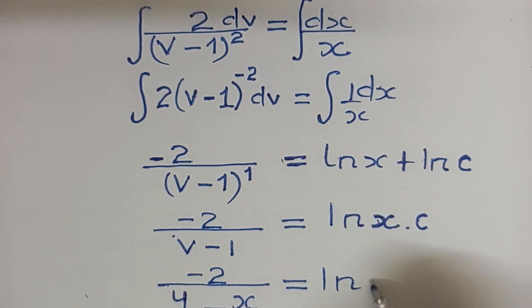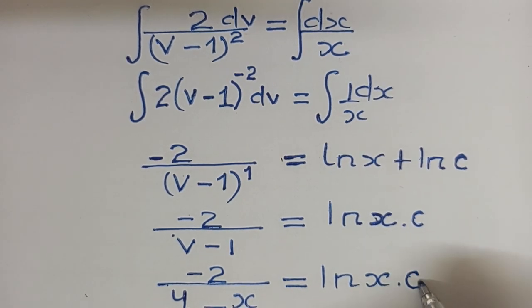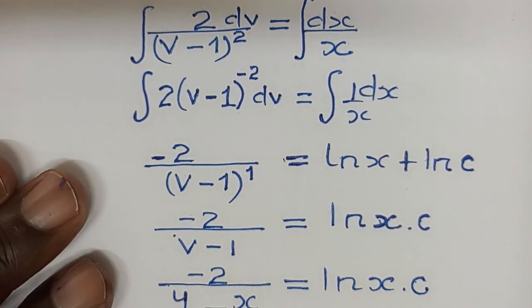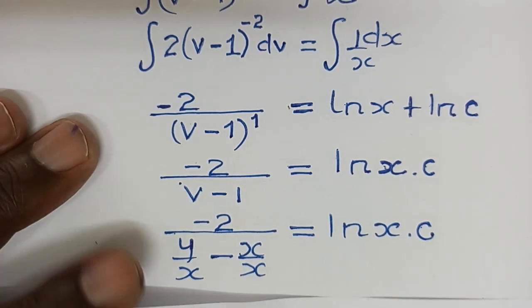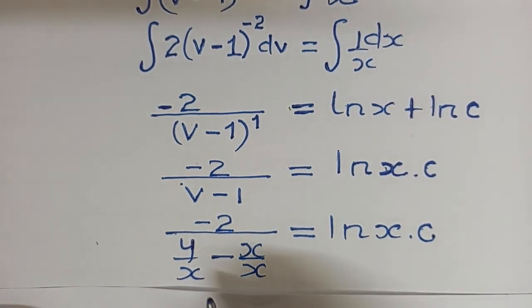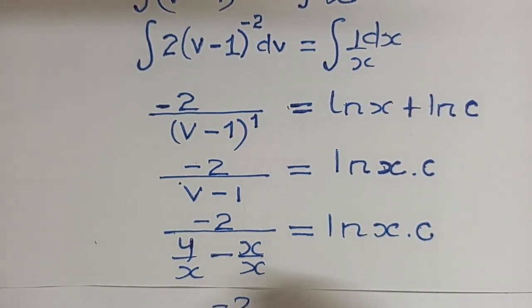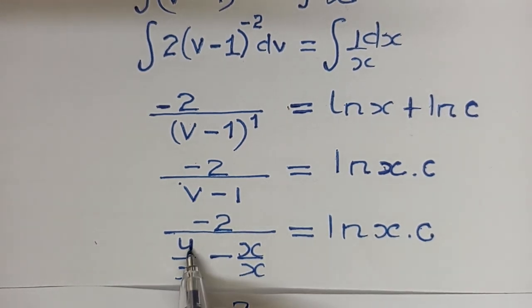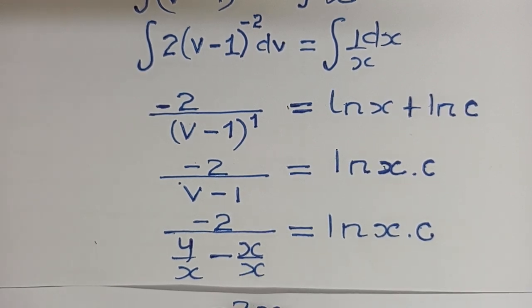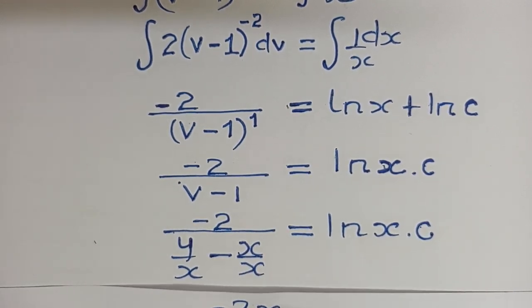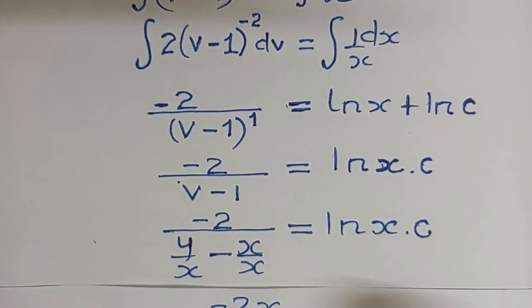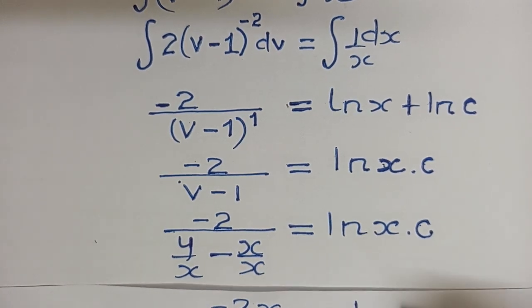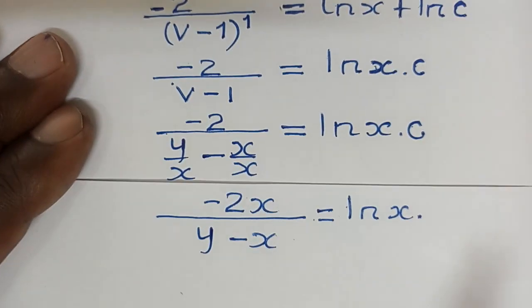Here we have natural log of xc. So from there we write negative 2 over y minus x over x, and the x can now come here. So we are left with negative 2x over y minus x equals natural log of x multiplied by c.